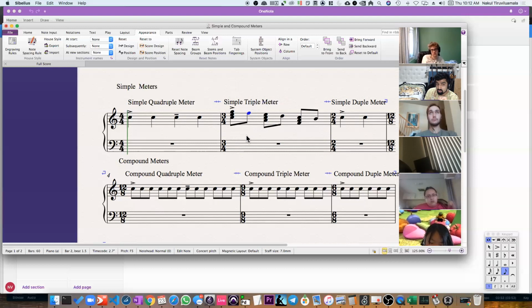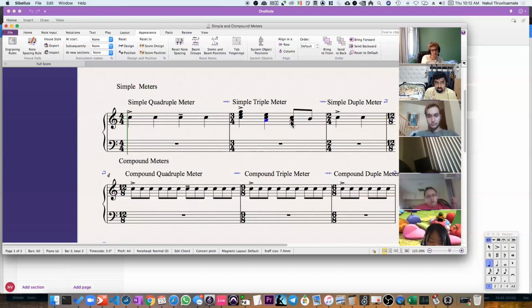Because this is a weaker beat relative to this, you would agree, right? The more you subdivide, the more you can reveal degrees of weak beats. In this instance, I have 3/4. Technically, this is the stronger beat than this, and this is also a stronger beat than this, correct?